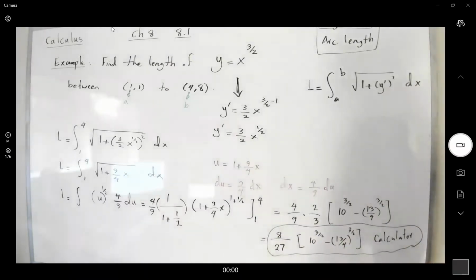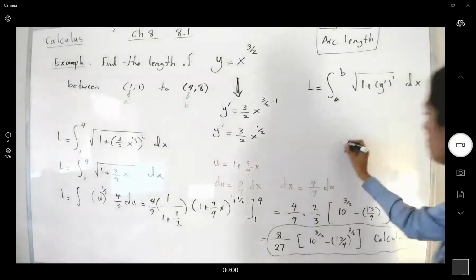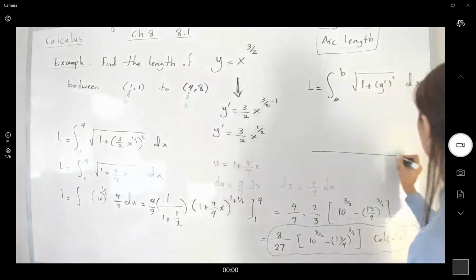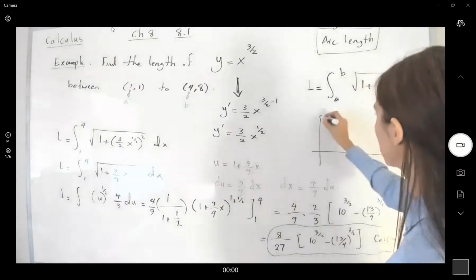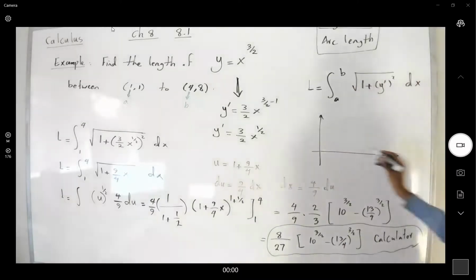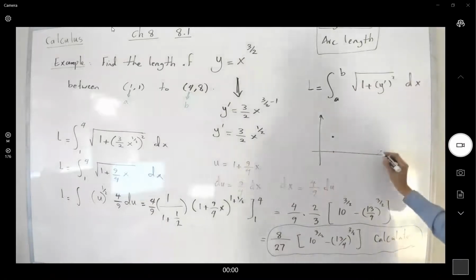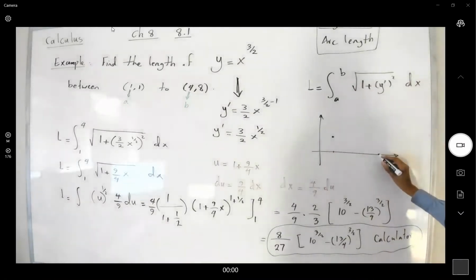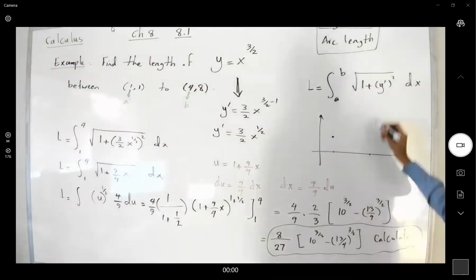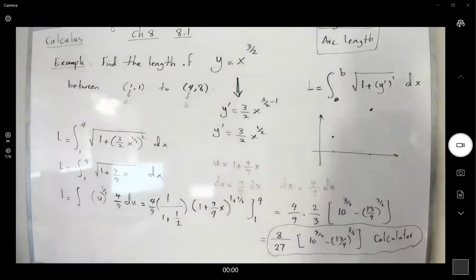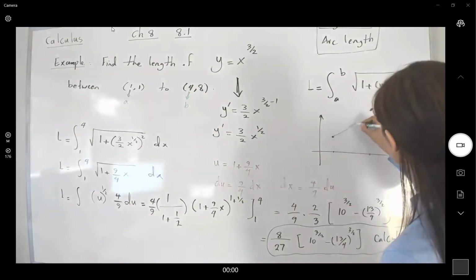This is the length of this guy in the xy plane, (1, 1) and (4, 8). And the behavior of this guy is going to be almost like this.